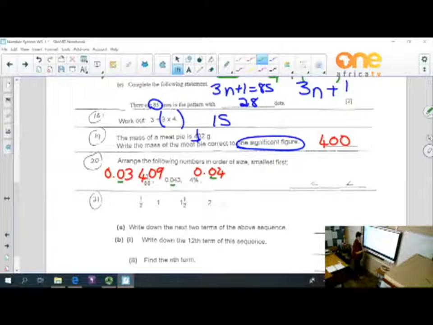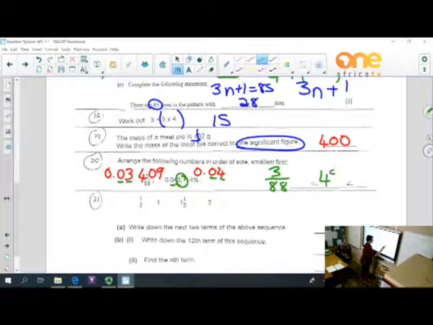Then we look at the next one. Now I've got a 3, I have a 4, and a 4. So this is the smallest one, 3/88. And then I can look at the next one, 0.43, 0.4, so there is a higher one. So it will first be 4%, and then it will be 0.043.